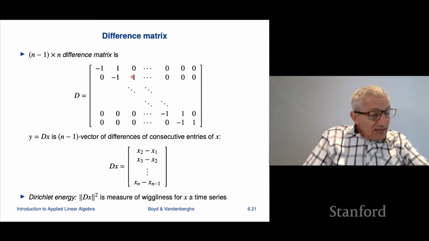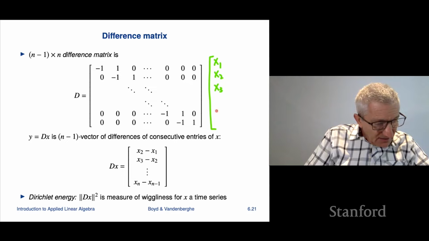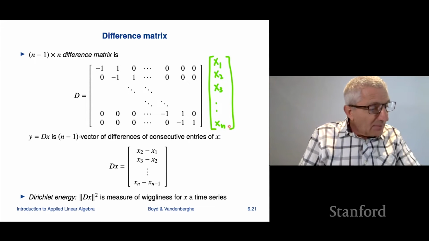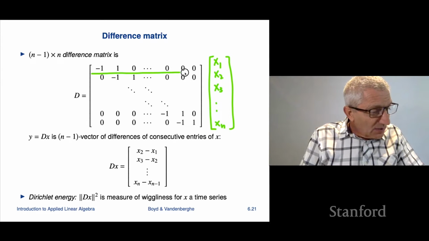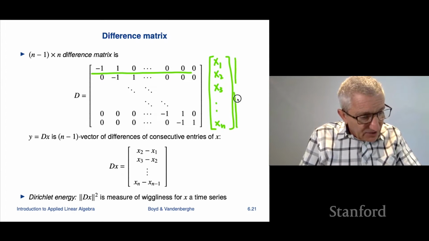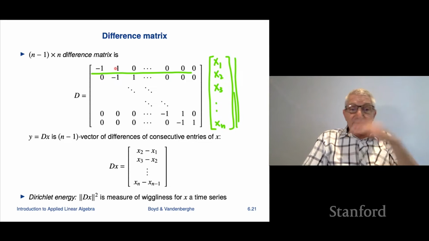And what happens is we simply put a vector here, multiply this out, and see what happens, okay? So when I multiply this row by this vector here, what I'm going to get is minus x1, that's from this entry, plus x2, and then everything else is 0.